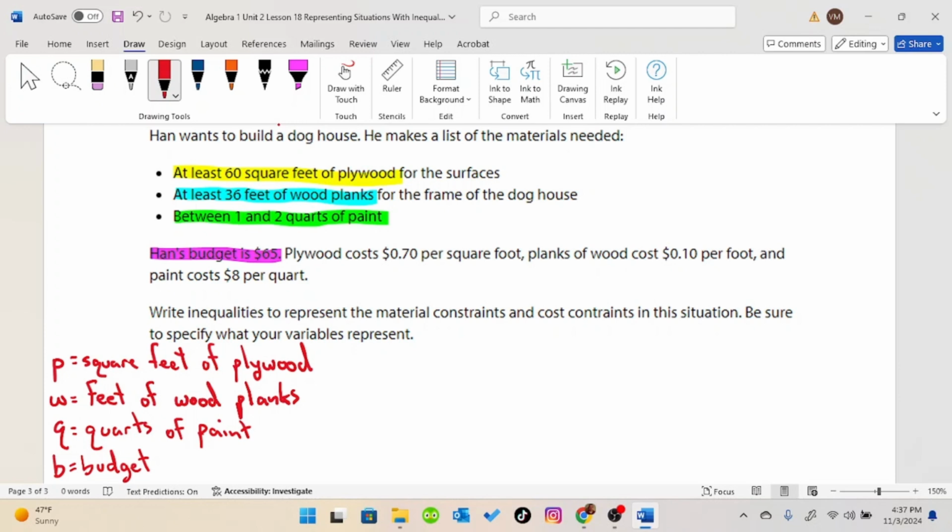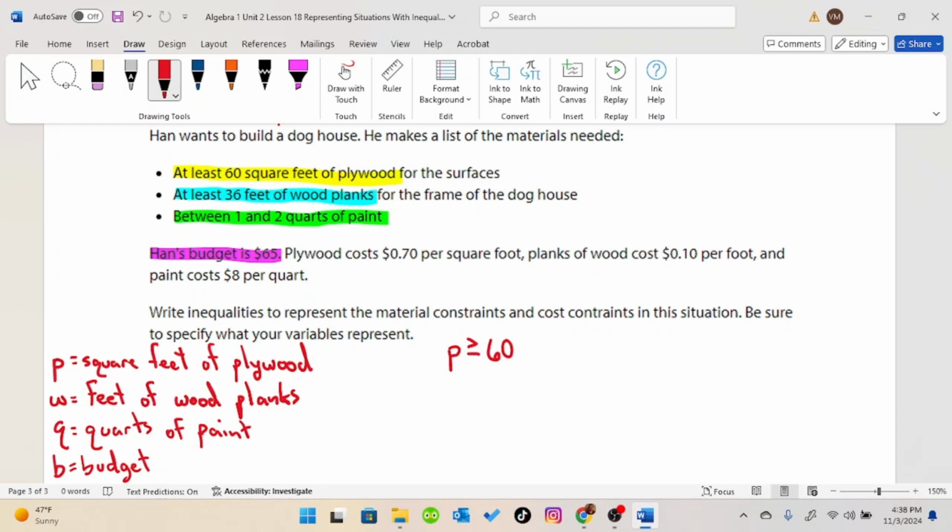Now, if I wanted to write these inequalities, I know that we need at least 60 square feet of plywood. So that means P, my square feet of plywood, needs to be greater than or equal to 60. It could be more than 60, it could be exactly 60, but it cannot be less than 60.